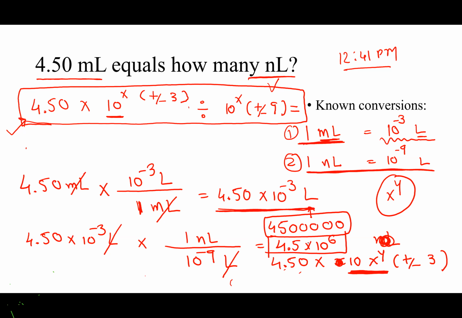Either you can write down 1, 2, 3, 4, 5, 6, so this is the answer: 4, 5, and there are 5 zeros, or you can say 4.5 multiplied by 10 to the power of 6. Now, guys, can you please let me know if you get this right answer using the first formula which I showed you here?